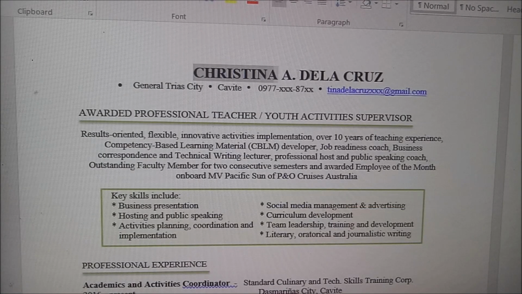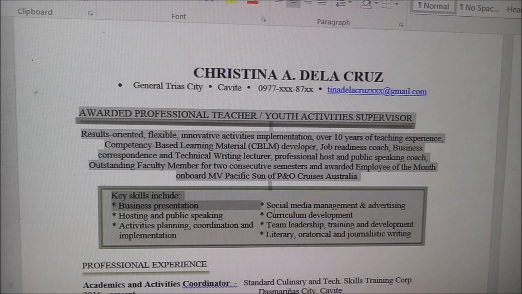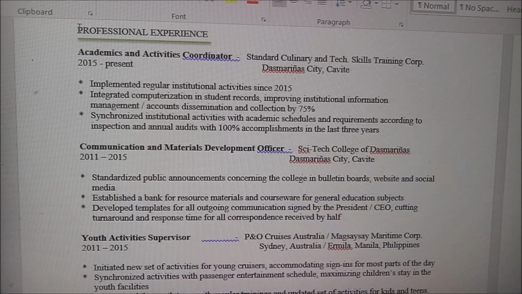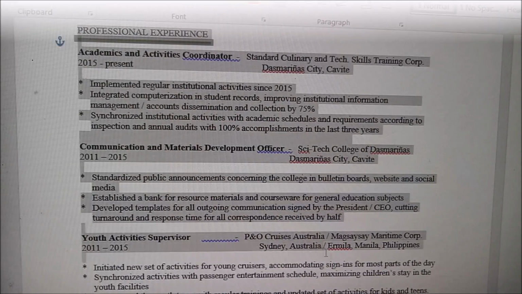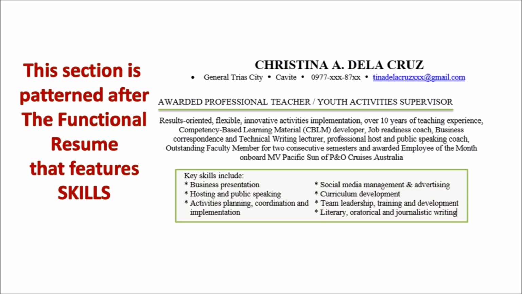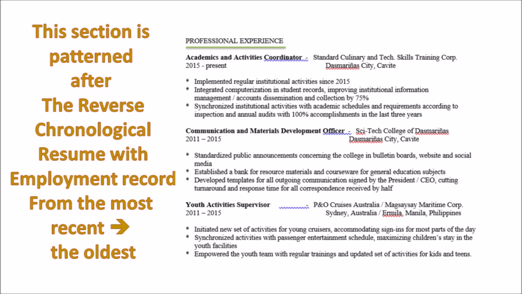The combination resume format is often the best of both worlds for job seekers who have a lot of skills to offer and at the same time have stable employment track. Some instances also dictate that the job seeker might prefer a functional resume format to emphasize their skills and qualifications, but were instructed by employers to include a work history.